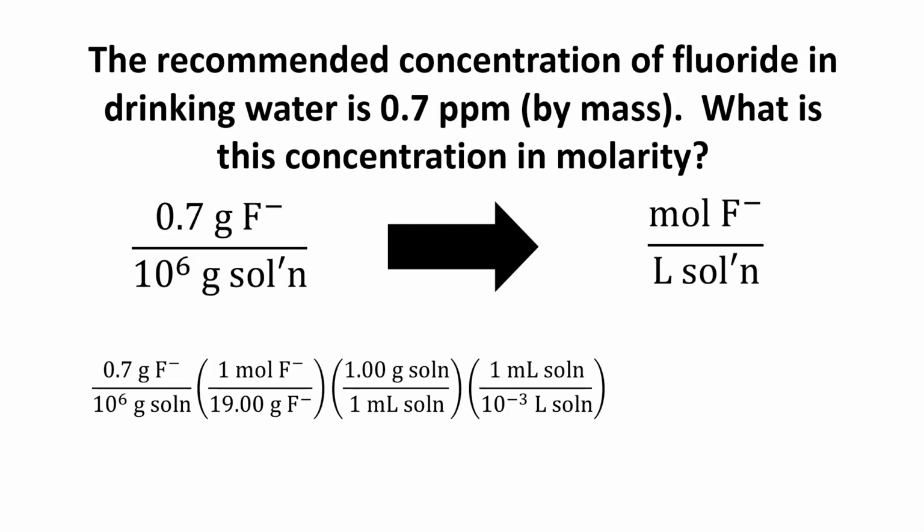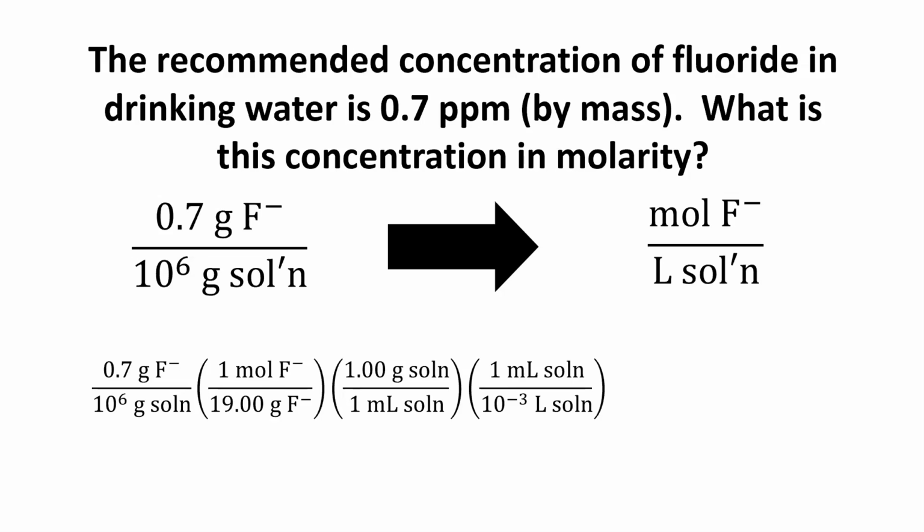So we did need a density in this problem. We needed to know the density of our whole solution. This is a very dilute solution. The concentration is not very large. That's why we're using the units of parts per million, which is for very low concentration things.